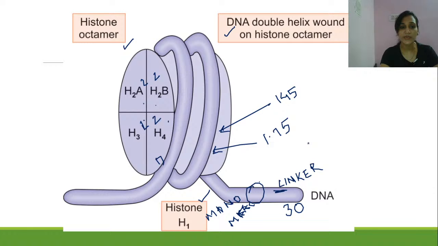And when we are saying H3 and H4, just remember the basic and you can put the basic amino acid lysine over here. So H2A, A stands for arginine, and H3 and H4 stand for lysine rich regions. Got it?